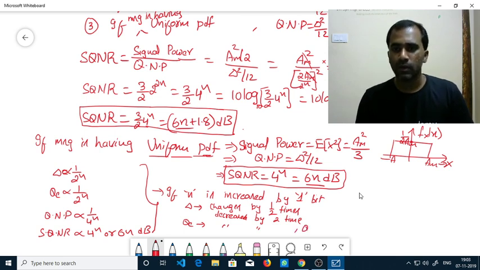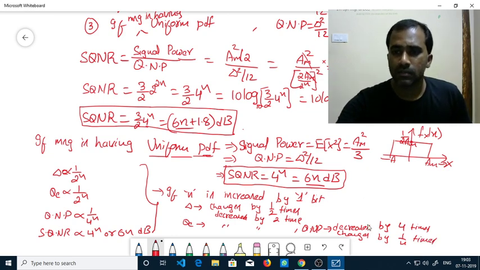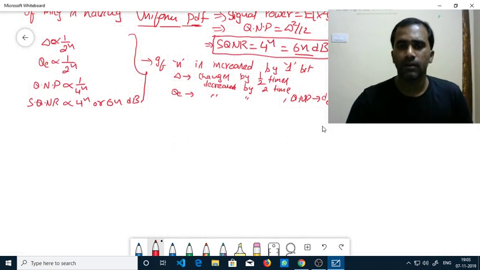Next, how about quantization noise bar? Quantization noise bar decreases by 4 times, or it changes by 1 by 4 times. Okay. Similarly, what else can they ask you? They can ask you about SQNR, right?